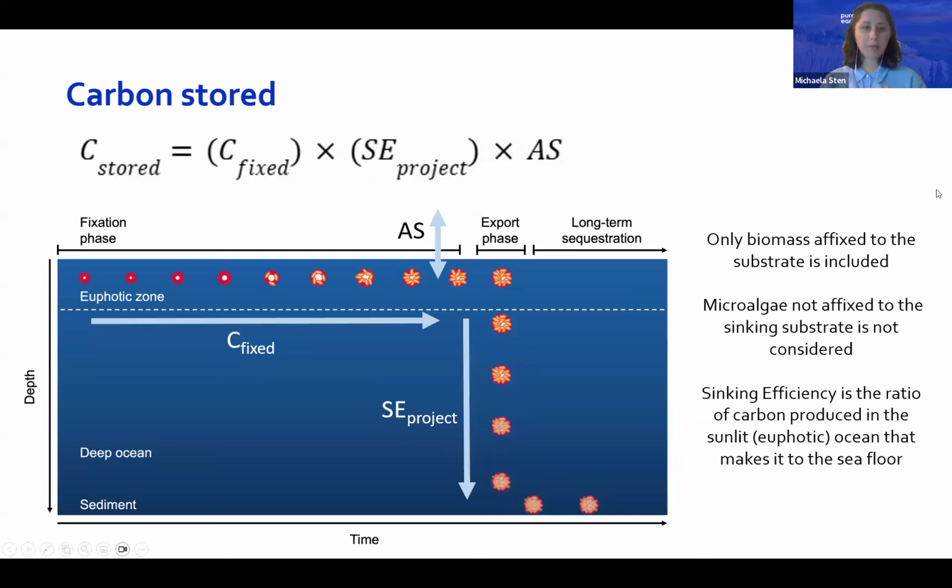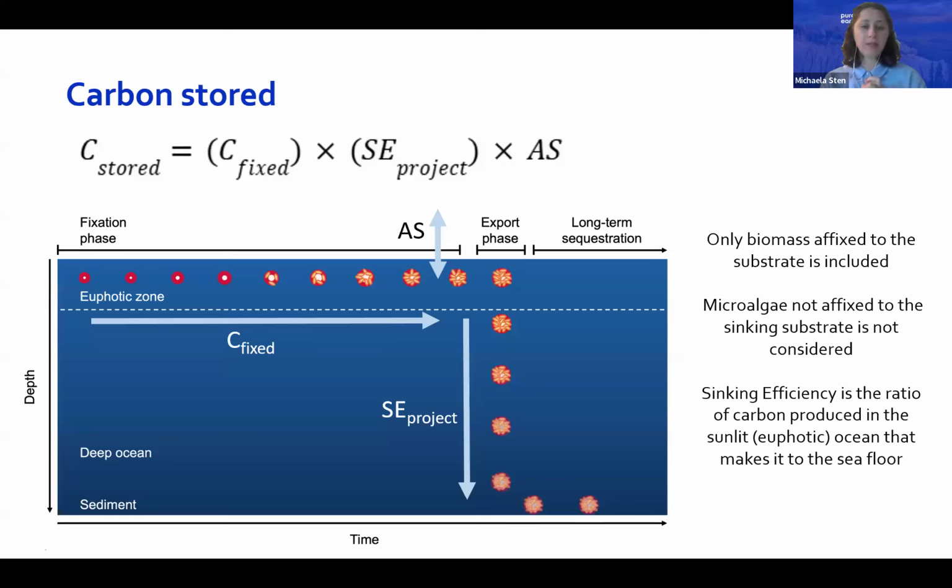And the way that this works in practice is that during the initial release of the substrate, there's a carbon fixation phase in which phytoplankton grow on the substrate. And the biomass of this substrate is considered the carbon that will eventually be stored, and that is part of the sea fixed. Once the substrate enters a sinking stage or this export phase, that carbon on the substrate is then moved from the surface ocean to the seafloor.